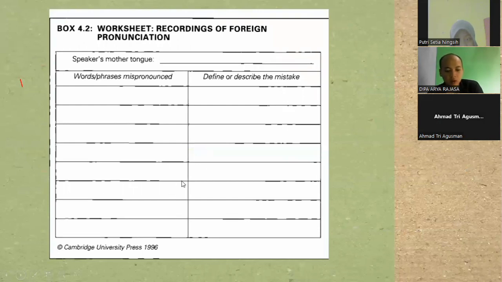This is the box for one, the worksheet recording of foreign pronunciation. So the speaker's modern language, like for example, Black American English, and the words column. You can, for example, like that.